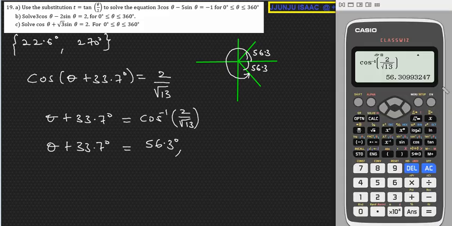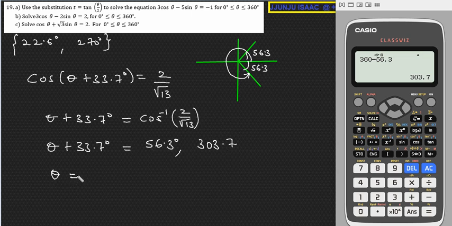Let us see, 360 minus 56.3 which is 303.7. Now the other one will be outside the range because you need to move a full cycle, and you come here. So we are going to consider these two.